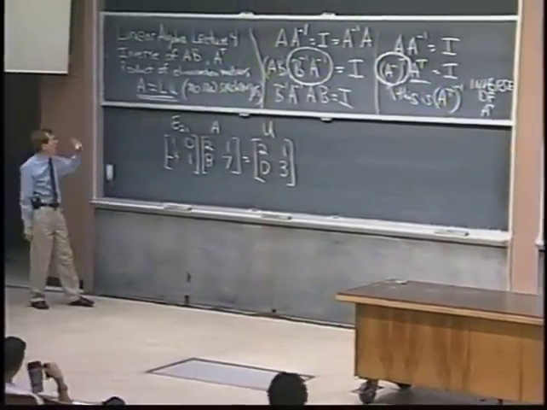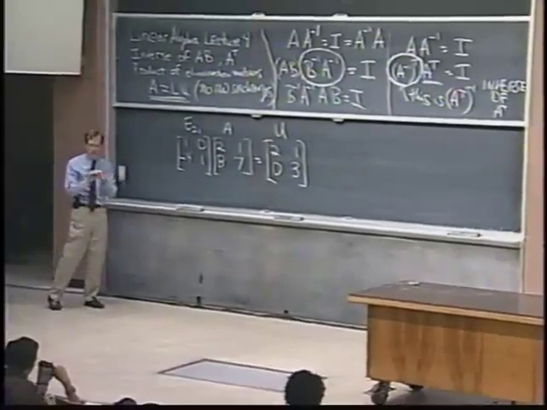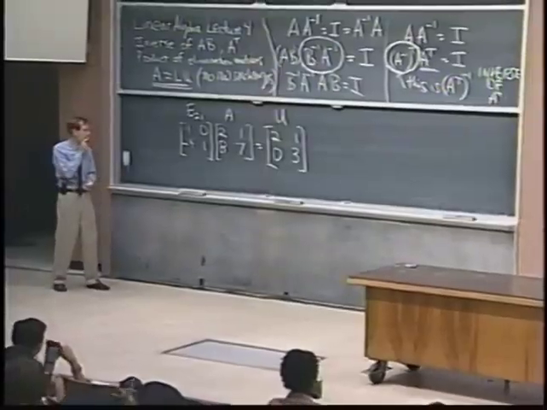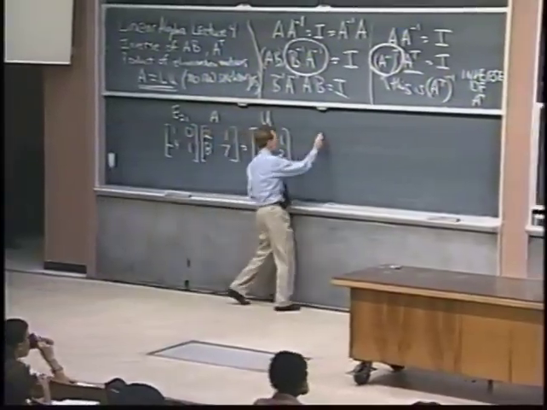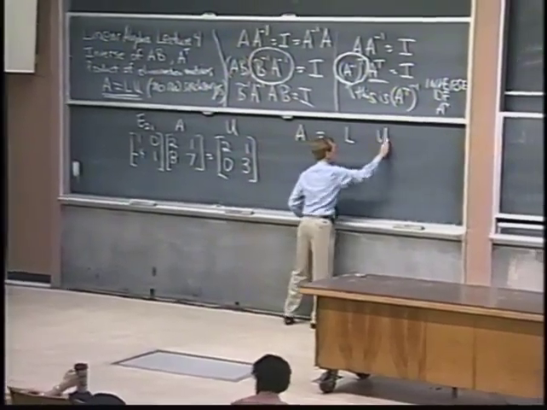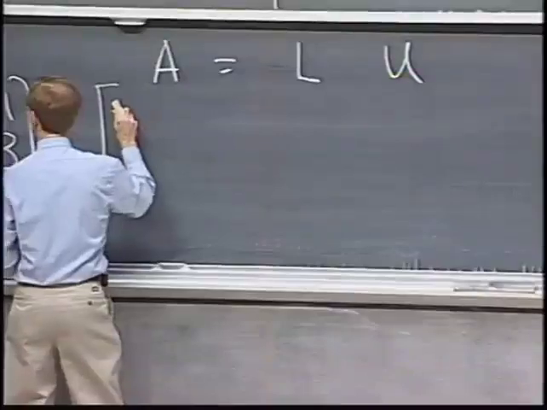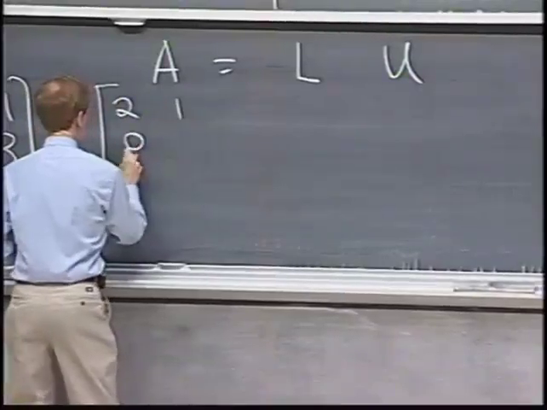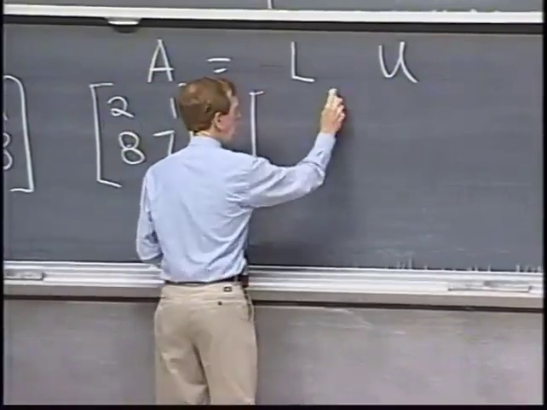Right. Good. So you see the difference between this and what I'm shooting for. I'm shooting for A on one side and the other matrices on the other side of the equation. Okay, so I can do that right away. Now here's going to be my A equals LU. And you won't have any trouble telling me what. So A is still 2 1 8 7. L is what you're going to tell me.